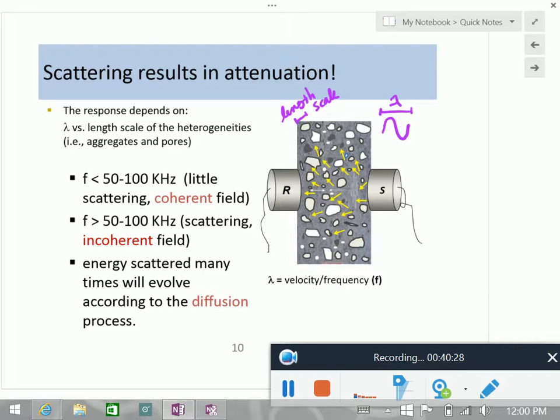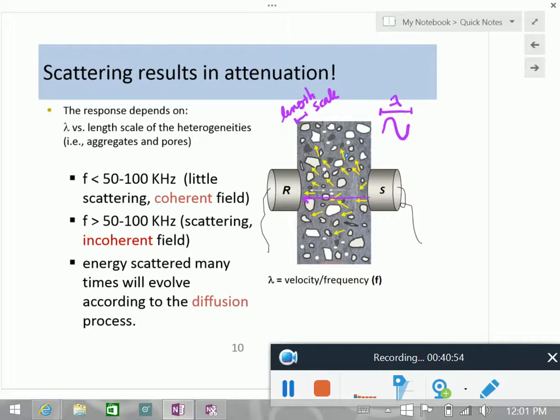So look at what scattering means. Scattering means that the energy, instead of going from the sender to receiver, just like that, is going to go other places because it gets distracted. In other words, it gets reflected, sometimes a number of times, by heterogeneities on its path.